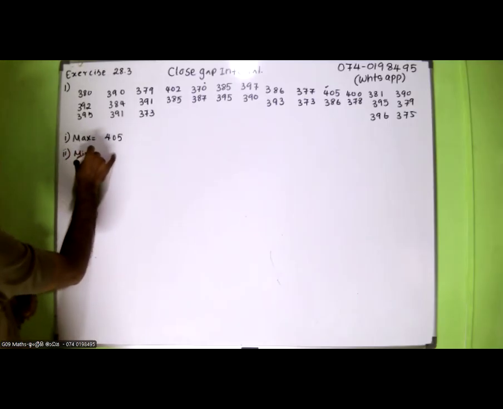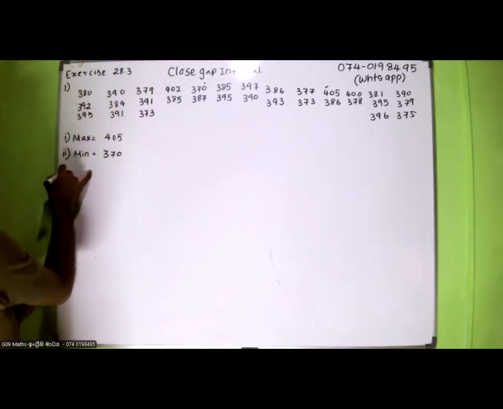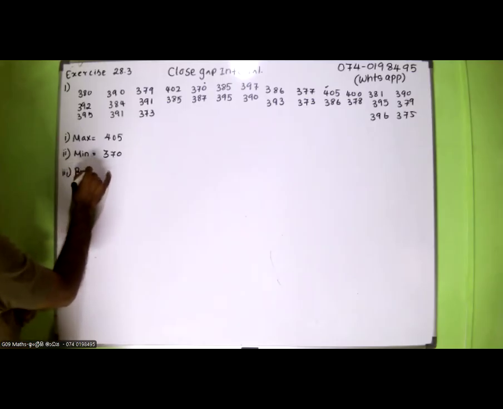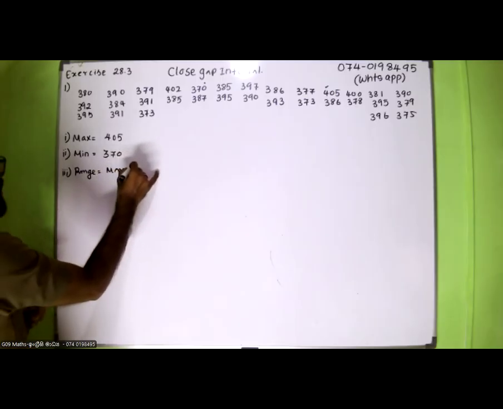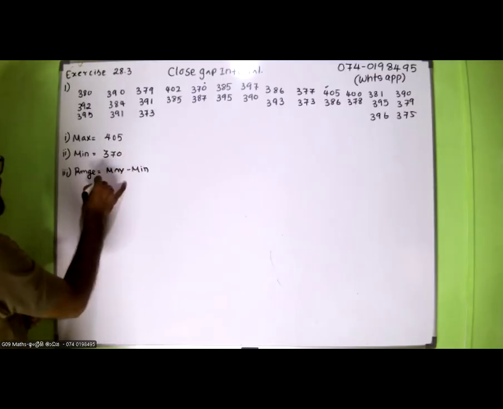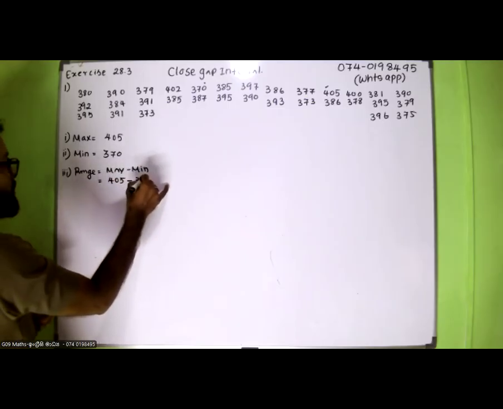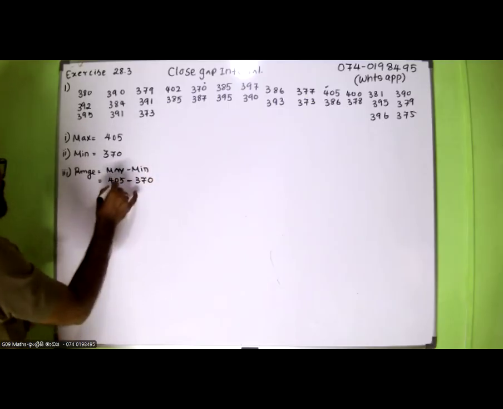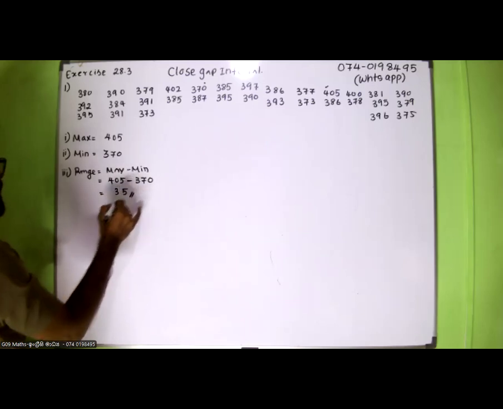Minimum value is 370. So the third question is range. You know how to find the range: maximum minus minimum, so 405 minus 370. 35. Yes, super. The range is 35.